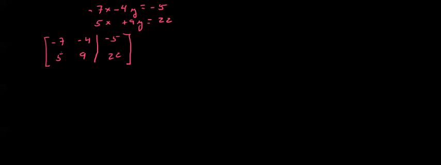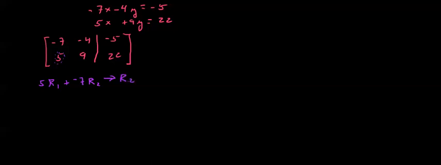Now, I want to have right here a 0. So what I'm going to do is take the first row times 5, add it to the second row of negative 7 times row 2, and I'm going to replace the second row.